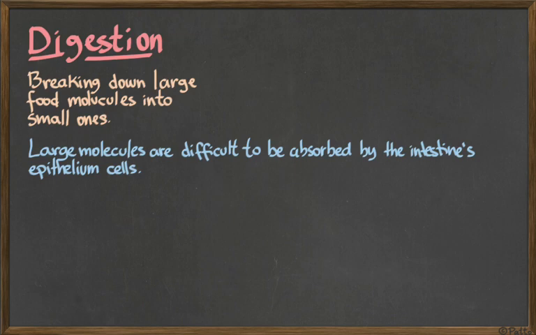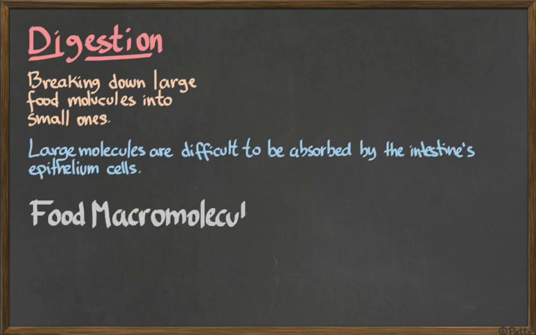So our intestine is not capable of absorbing starch or cellulose or proteins, complex carbohydrates, and so on. But it is possible for us to break these big molecules into smaller molecules.